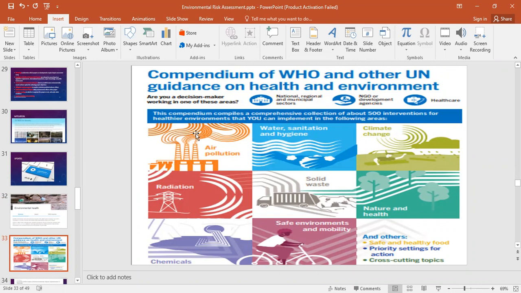WHO says: air pollution is cleaned, water, sanitation and hygiene are proper, climate change is observed strictly, protect from irradiation, do solid waste management properly, nature and health are served when you plant trees, chemicals are disposed of carefully, and keep a safe environment and mobility.